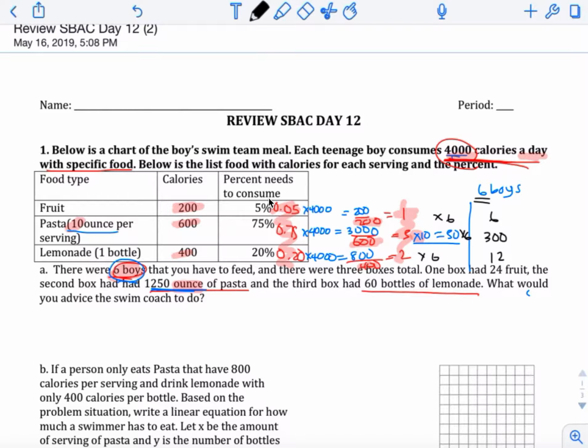And man, I would tell the swim coach, I would advise the swim coach to return a lot of stuff. I would advise the coach to return.